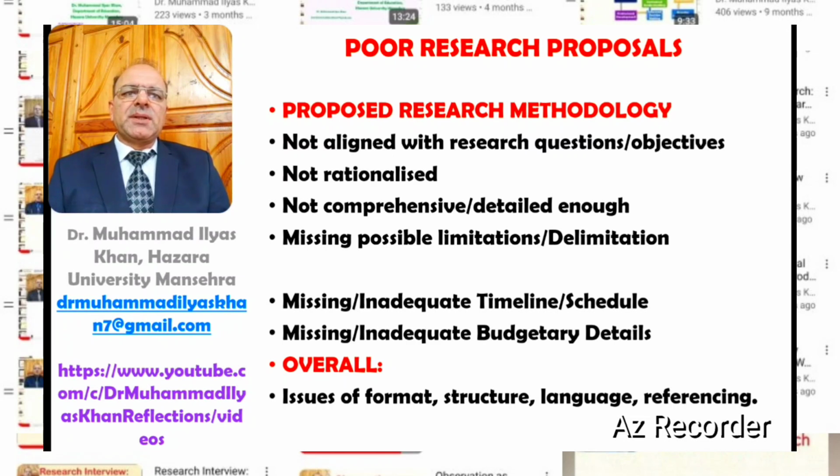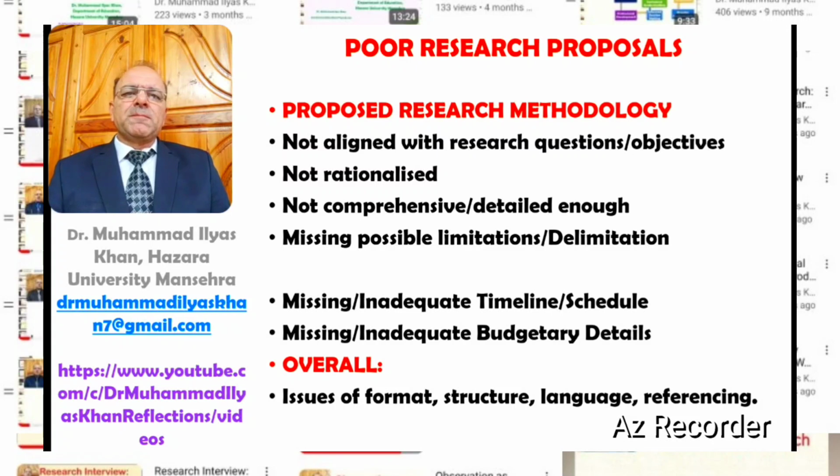So, for example, the research methodology section might have issues such as non-alignment with the research questions and objectives. The research methodology is a means to an end, and the end is to achieve the research objectives and to find answers to our research questions or to find evidence for or against our research hypotheses.